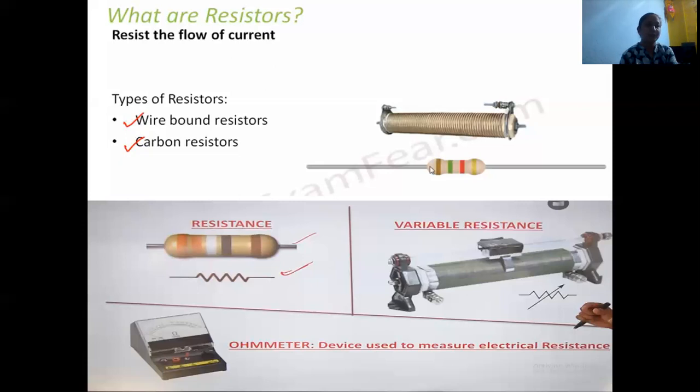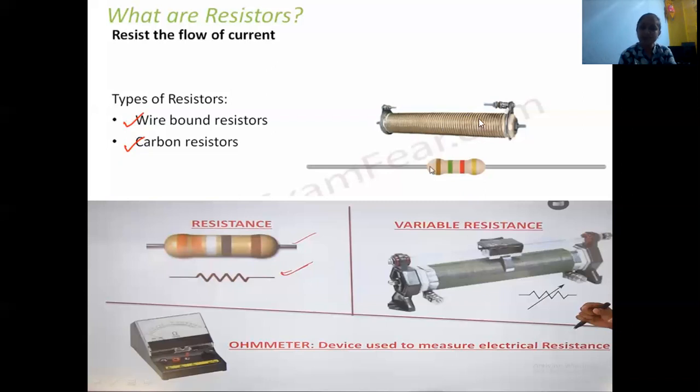Okay, so one more resistor you can find here. What is a wire bond resistor? Wire bond resistors look somewhat like this. It is like some metal over which a number of wire turns are wound.